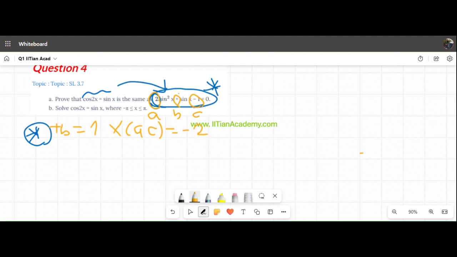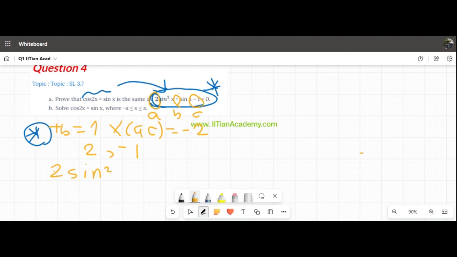So something that adds to 1 and multiplies to negative 2, okay? Two numbers that we can find that add up to 1 and multiply to negative 2 will be 2 and negative 1, because 2 minus 1 is 1, all right? So we will use these numbers to factor our equation. So I will show you how to do this.